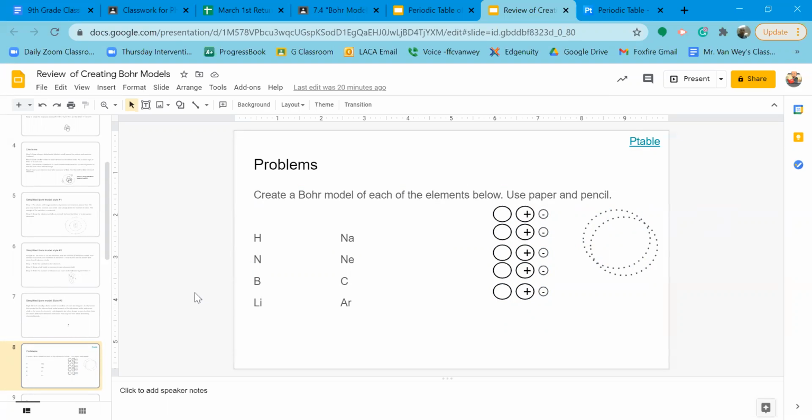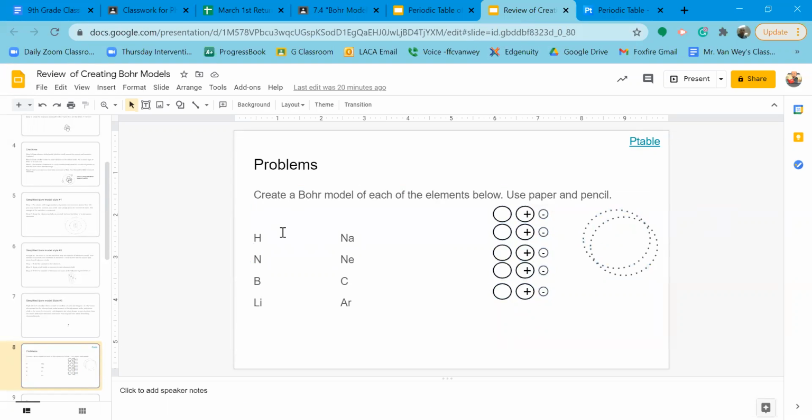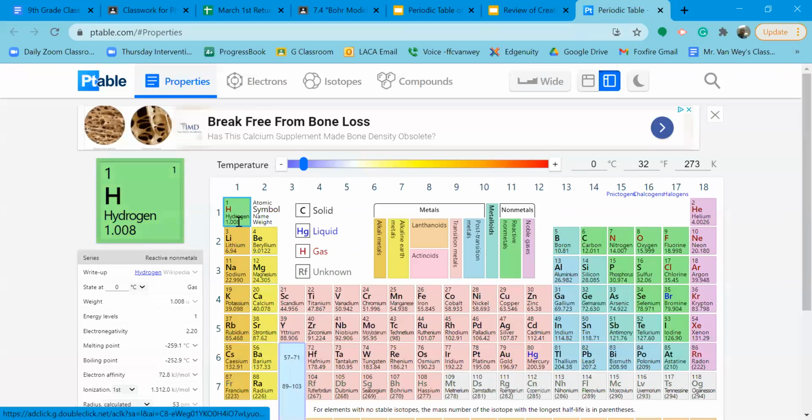So for hydrogen, step 1 is to draw the number of protons. So I go to my periodic table, and look, here's hydrogen. It has 1 proton. The next step is to find out how many neutrons hydrogen has. Hydrogen has a mass of 1.008. We will round this to 1. So hydrogen has 1 minus 1 neutron, so it has no neutrons normally.